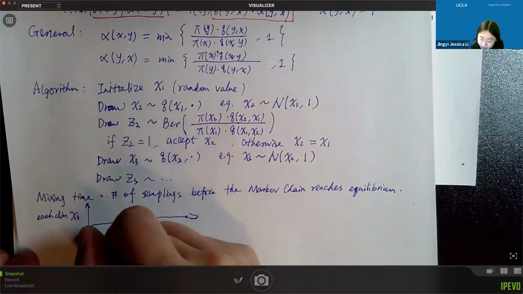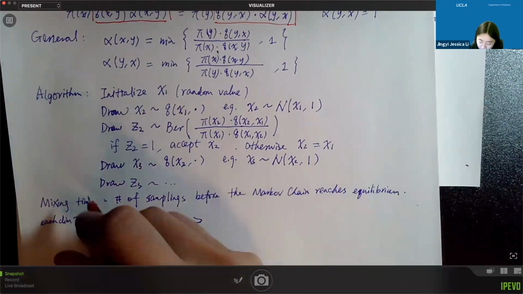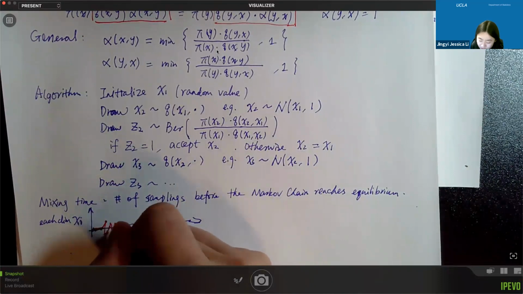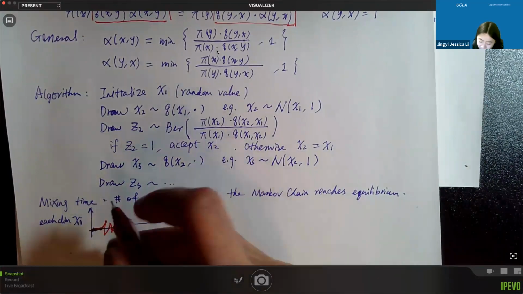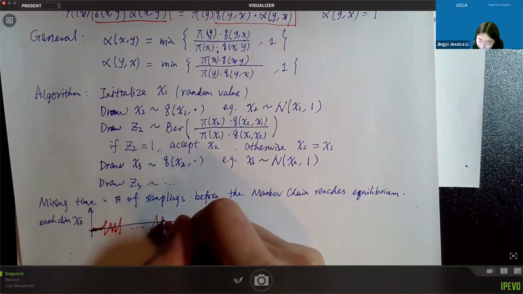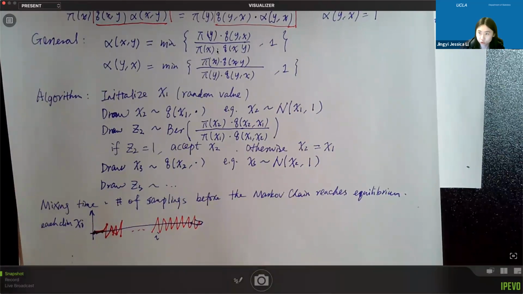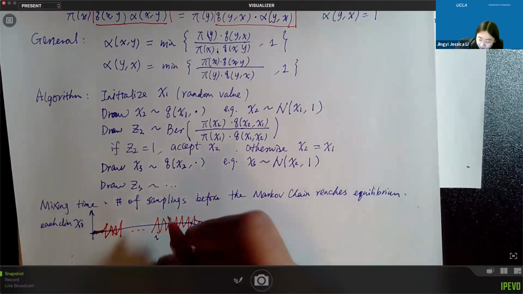Probably you see some stretches where the value doesn't change, which means that you don't accept any of the new values you draw, and then you see the values change and change. In the earlier stage, the values are not so regular, but later in the chain, you probably see very regular change in your values. When you see a pattern like that for every dimension of the sample you draw, then you can trust that you're in the equilibrium state, because your values are alternating between the possible values in a quite free way. Then you can say, okay, I stop here.